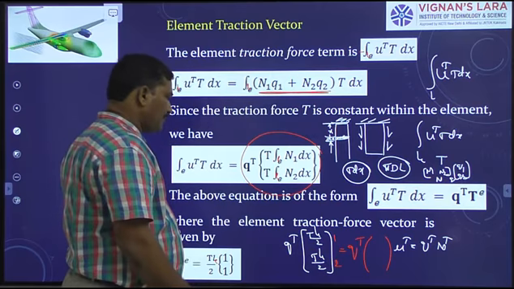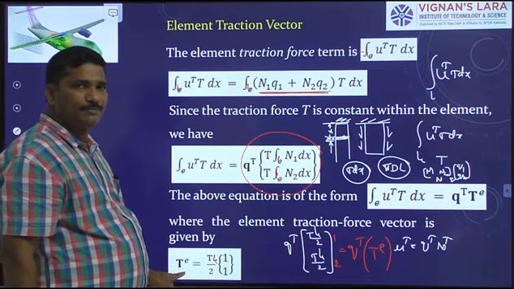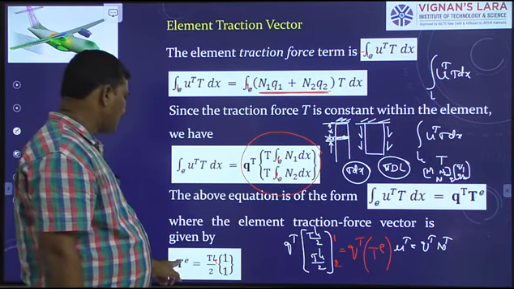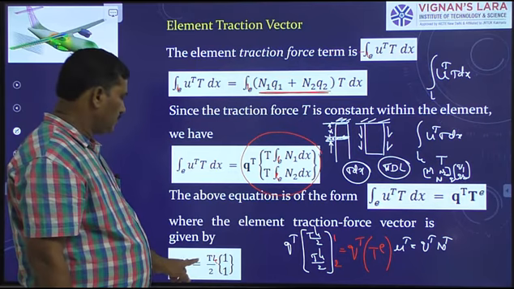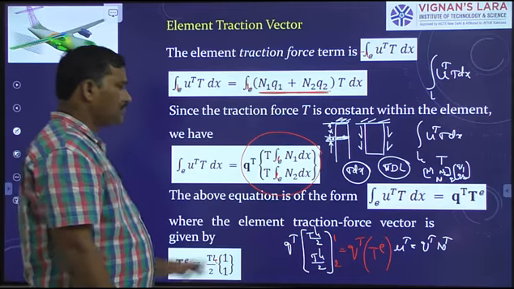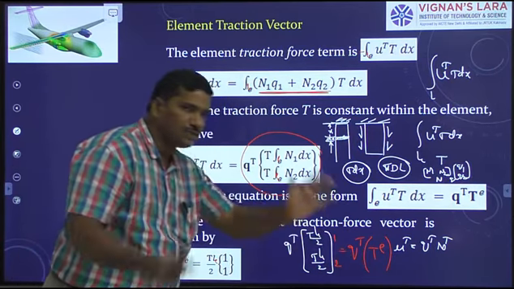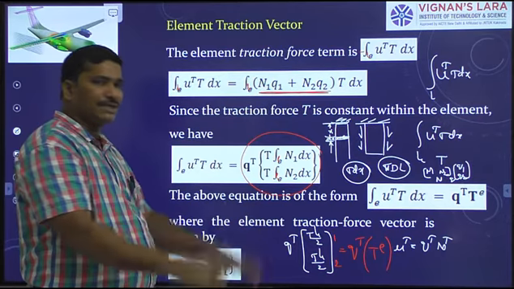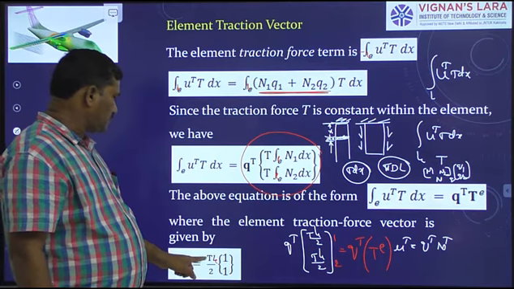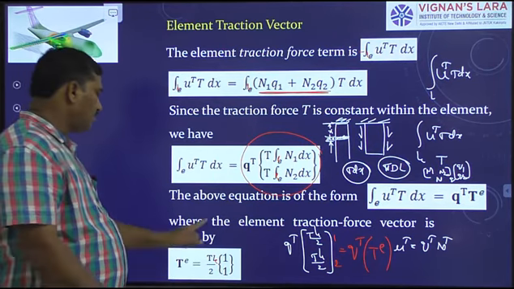That bracketed term I call the element traction vector TE. The element traction vector TE equals T LE by 2 into a column matrix having the elements 1 and 1.